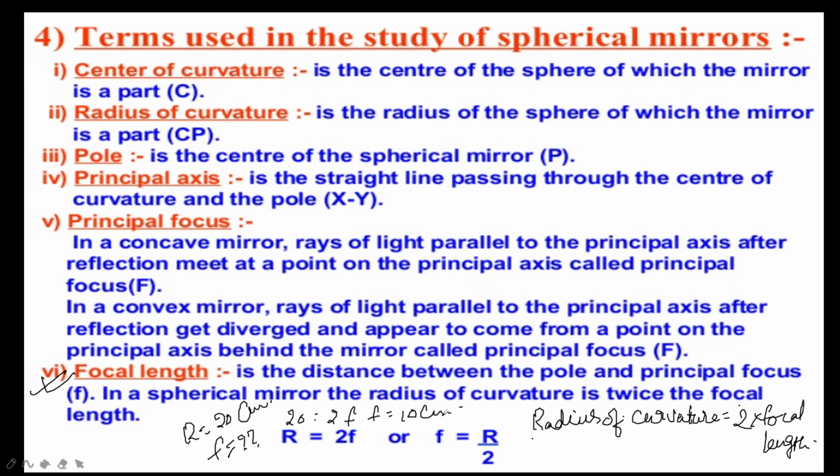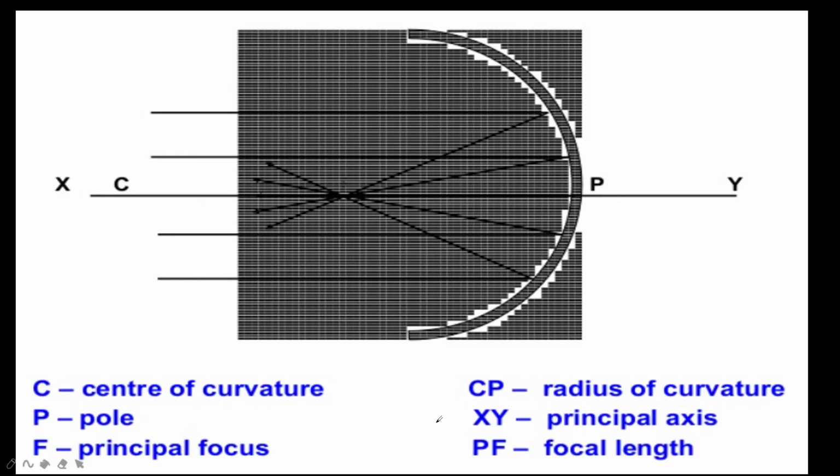Like this, sums you will also get in the exam, and in the notes also you have such. Now the diagram: you can see this is the reflecting surface, aperture, principal axis, center of curvature. Here it is the focus, and this distance is the focal length.